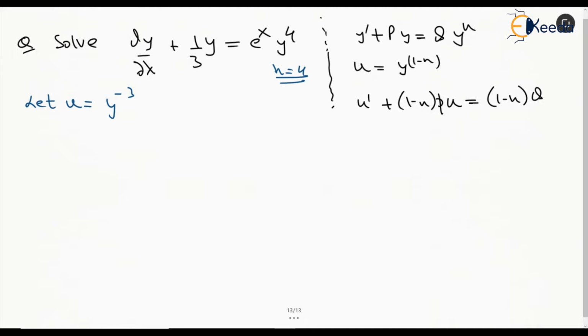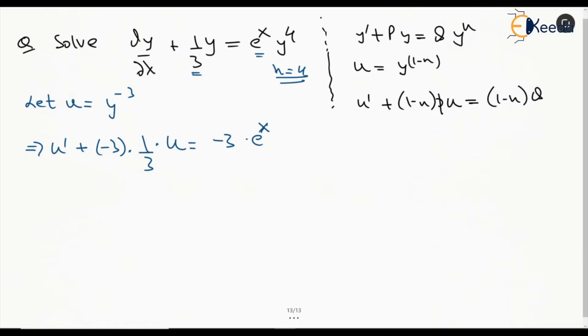This equation will then reduce, in terms of u, to u dash plus 1 minus 4, so minus 3, into 1 by 3, which is the value of p here, into u is equal to minus 3 into e to the power of x, which is q here.